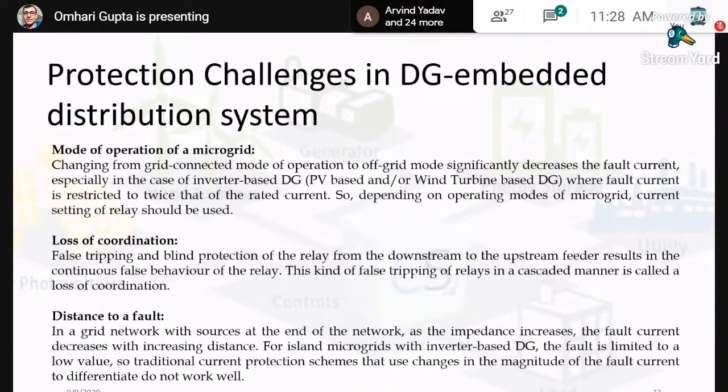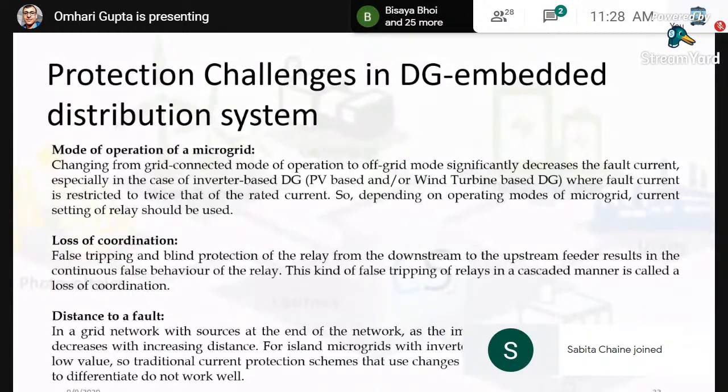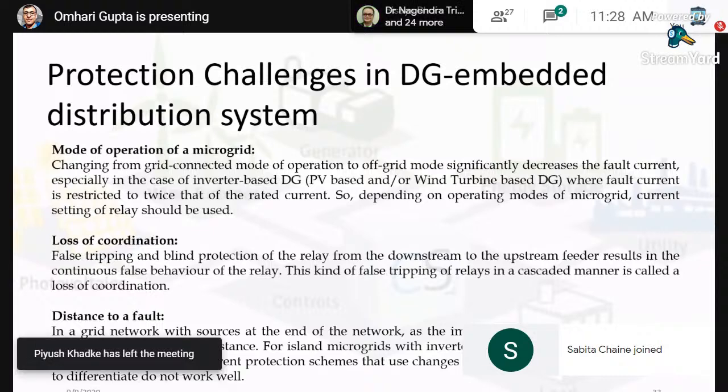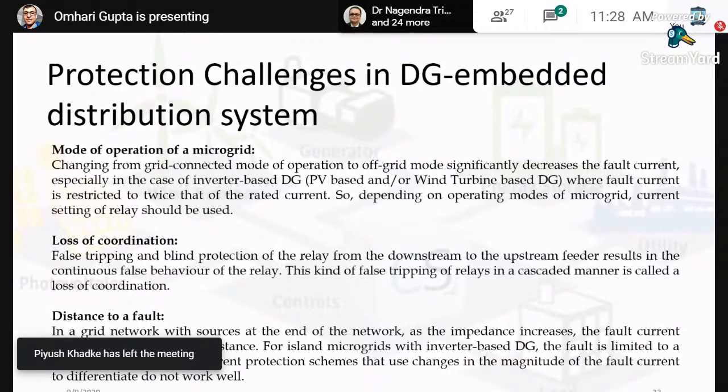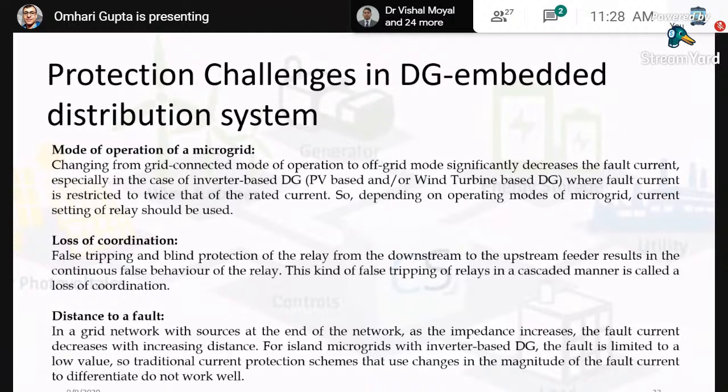And obviously, if the distance of the fault changes, there will be a change in the fault current contribution. In a grid network with sources at the end of the network, as the impedance increases, the fault current decreases with increasing distance. For islanded microgrids with inverter-based DG, the fault current is limited to a low value.